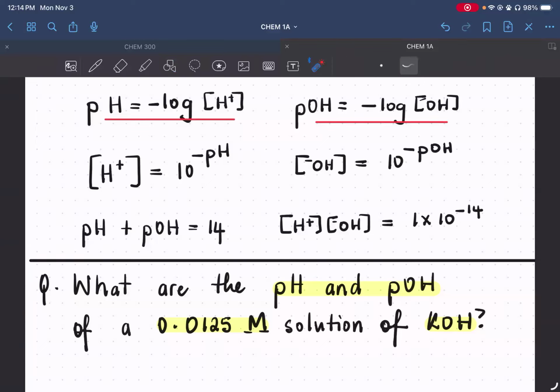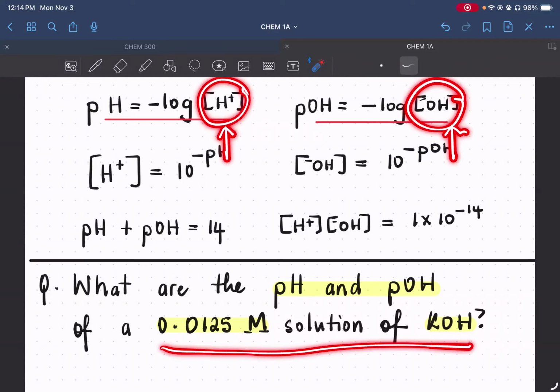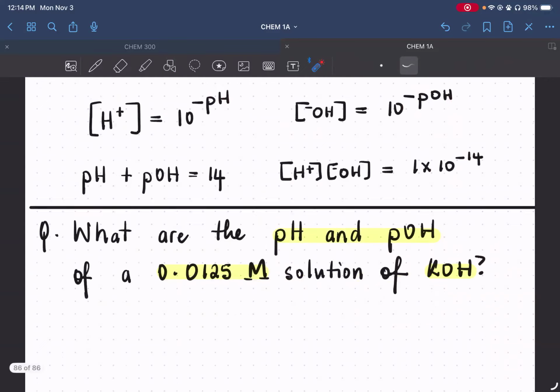So our most default formula is to have either the H plus concentration or the OH concentration. However, based on the given question, nowhere have I explicitly given you the H plus concentration or the OH concentration. It's up to you to put in a little bit of effort to think this through.